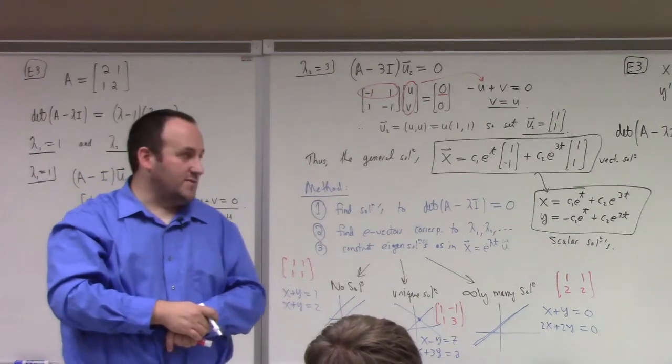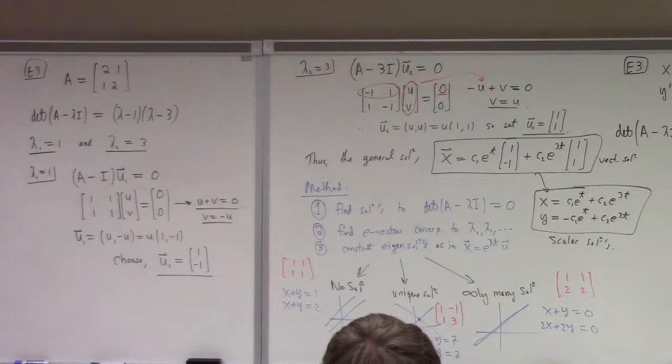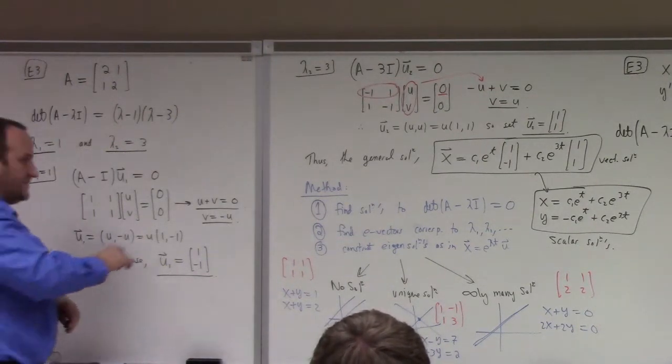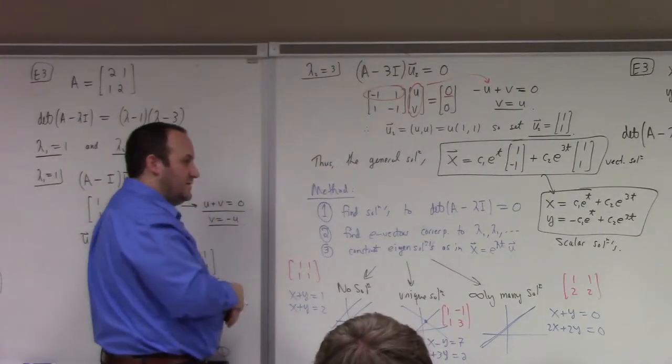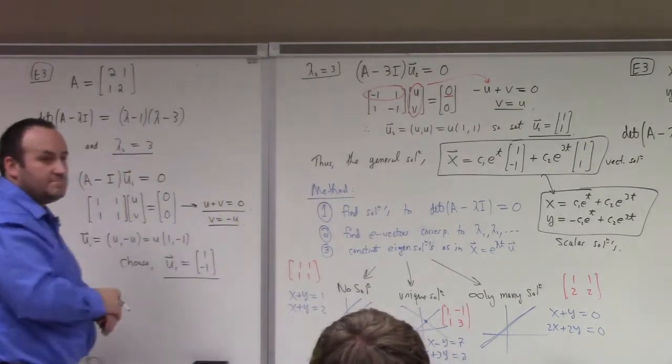But the beautiful thing about this eigenvector idea is it automatically uncouples them through linear algebra, and then we can build solutions without ever having to do any elimination. We have a straightforward method. We find the characteristic values, we find the eigenvectors corresponding to those eigenvalues, and we build the solution. And that's it.